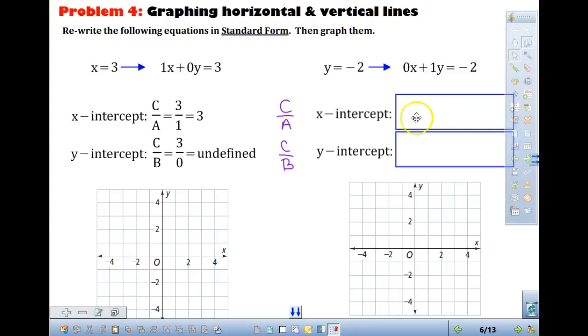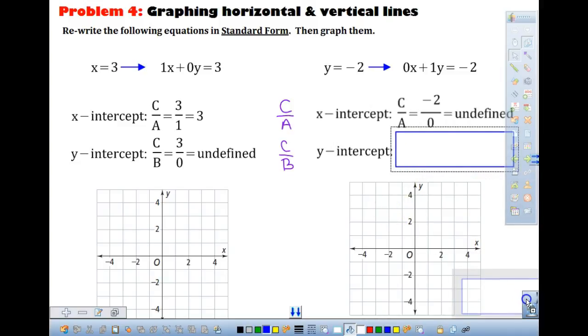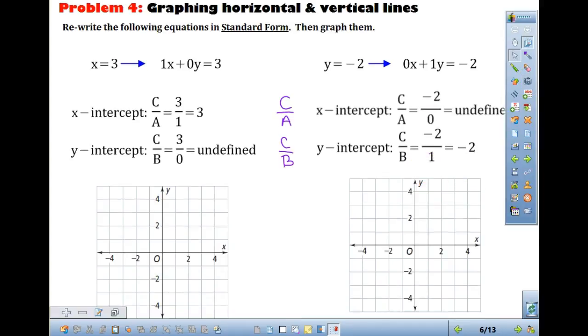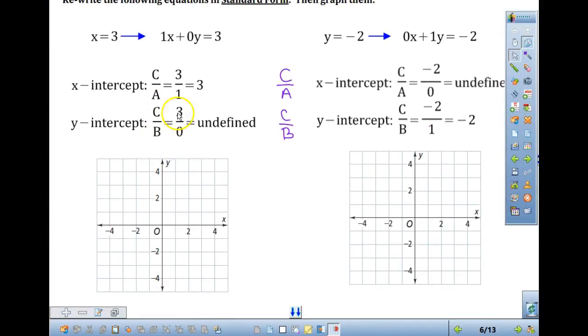When I'm looking at my x-intercept over here, we said c divided by a. So if we are looking at c divided by a, what happens to our x-intercept? Undefined. If I'm looking at my y-intercept, we are going to get that answer. -2 over 1 or -2. If you go to graph x-intercept of 3, so if we're plotting that point, x-intercept of 3.